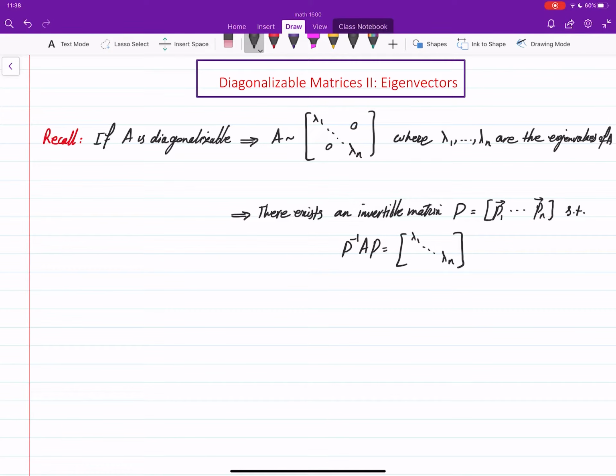Remember that we had another equivalent version, that is an equivalent way of saying that this is similar to that.